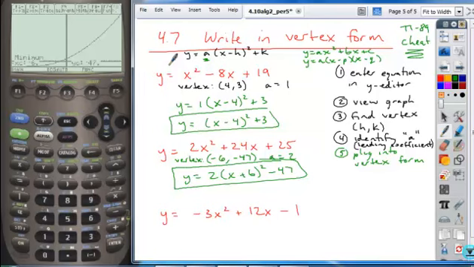So if you were doing this by hand, the process would look like this. You would take your equation, factor out a 2 from the x terms, leave your constant outside of that grouping symbol, and then you'd complete the square. So half of 12 is 6. 6 squared is 36.